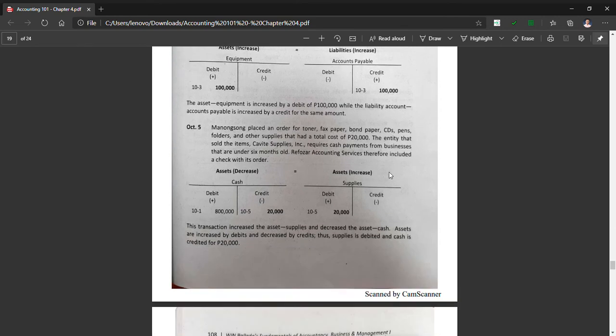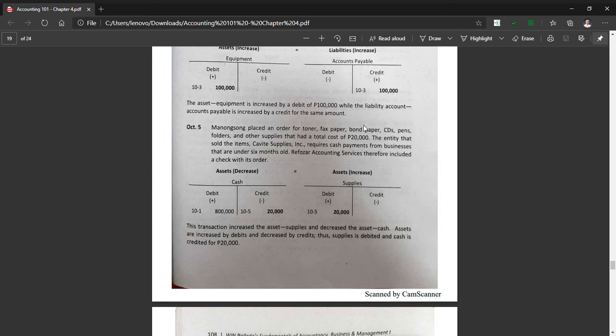Next, on October 5, Manong Song placed an order for toner, fax paper, bond paper, CDs, pens, folders, and other supplies at a cost of 20,000. The entity that sold the items, Cavite Supplies Inc., requires cash payments from businesses that are under 6 months old. Reposer Accounting Services therefore included a check with this order. Okay, so this time, bumili naman tayo ng supplies costing 20,000.